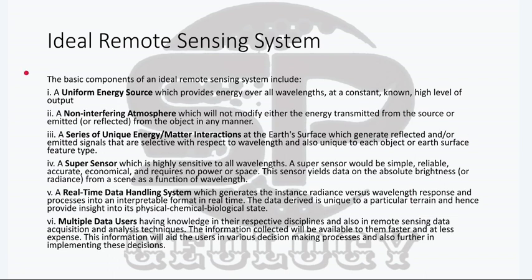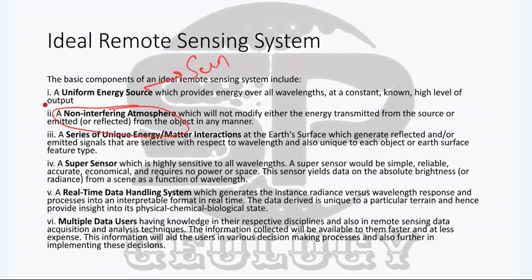So this is an example of an ideal remote sensing system. What should an ideal remote sensing system contain? A uniform energy source, which provides a constant high level of energy, like the sun. Then a non-interfering atmosphere, this is not possible, that's why it is called an ideal remote sensing system.